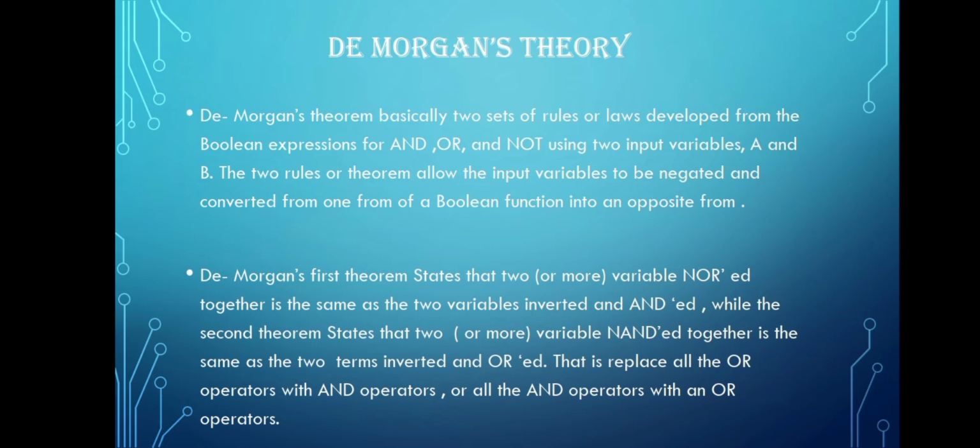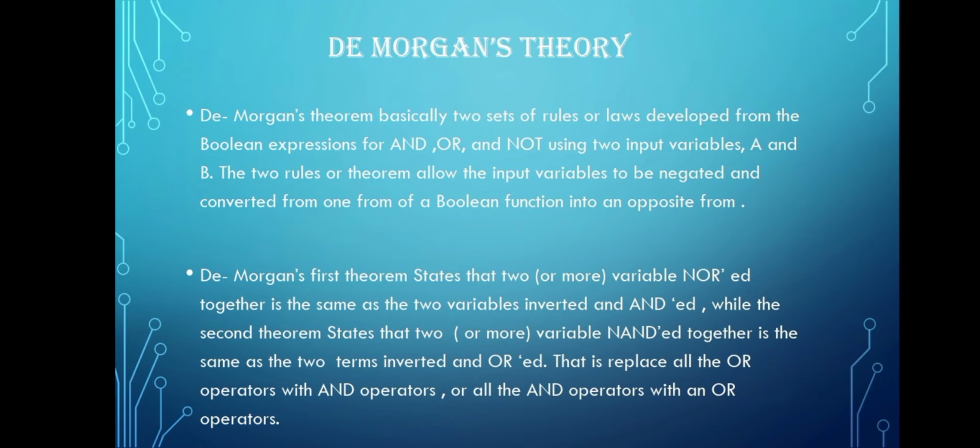Furthermore, De Morgan's theory. De Morgan's theory says that basically there are two sets of rules or laws developed from the Boolean expressions for AND, OR and NOT using two input variables A and B. The two rules or theorems allow the input variables to be negated and converted from one form of a Boolean function into an opposite form.